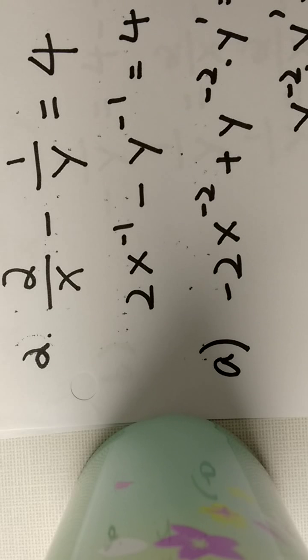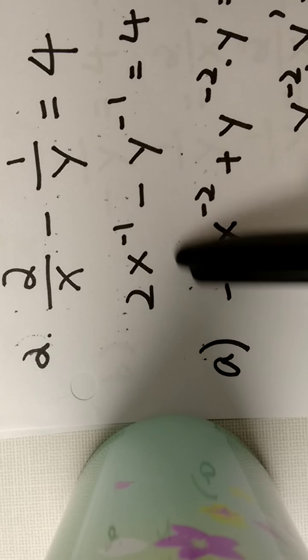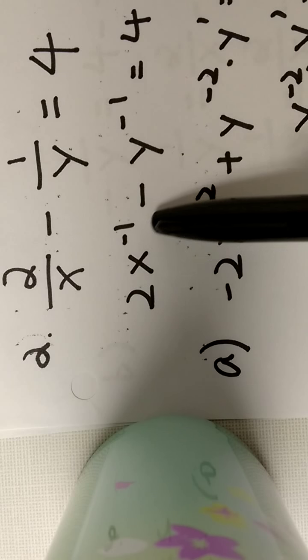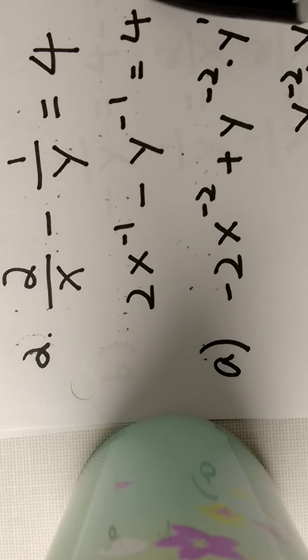We also have the second equation, and we can solve it using the same idea. So this is the second equation. We first transform it into this form: 2x to the minus 1 minus y to the minus 1 equals 4.